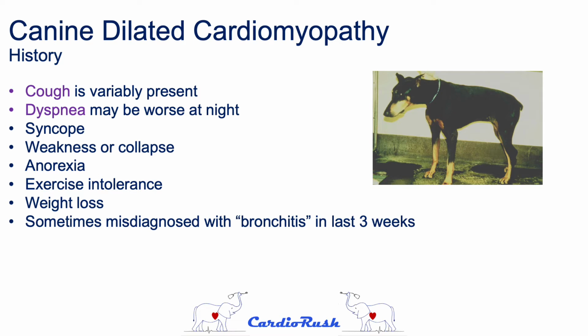And weight loss, especially muscle loss over the back or the rear legs, may be seen. It's not unusual for a dog with dilated cardiomyopathy to be misdiagnosed with bronchitis, since these dogs might not have a significant murmur, and they might not have identifiable arrhythmia, and they might just cough, and the radiographs sometimes look a little bit like bronchitis before you get overt alveolar flooding.